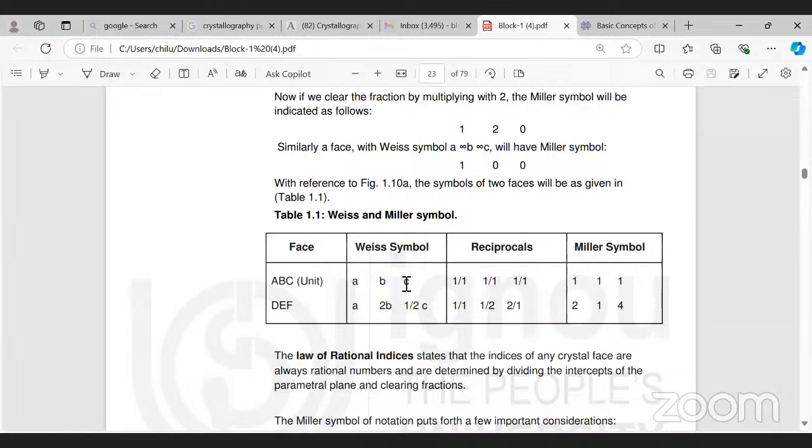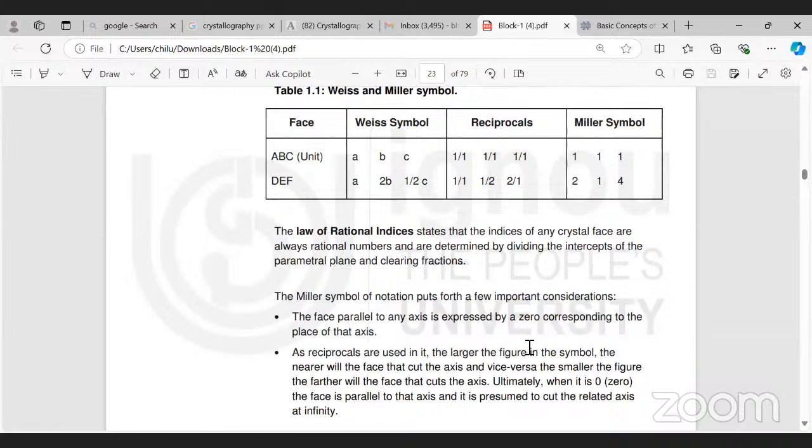But there is a differentiation based on the rotation of crystals. So the Miller symbol, suppose it is one by one, and the axis is passing through maybe two edges, so it is showing 2, and B is passing through only one, and C is passing through four. So in a Miller symbol we will show that as 2 1 4.